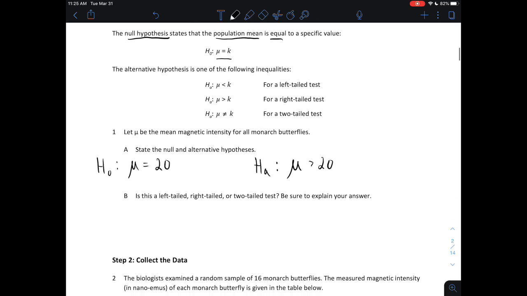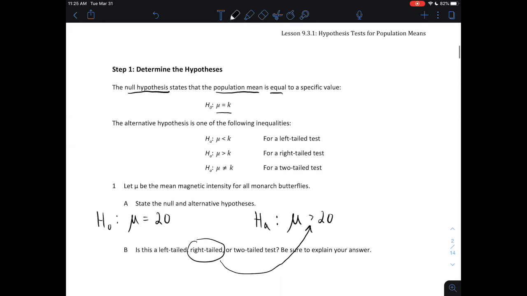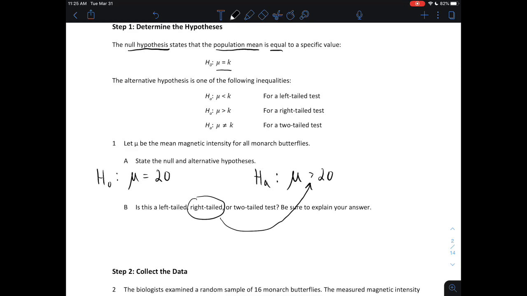And then part B, is this a left-tailed, right-tailed, or two-tailed test? It is right-tailed, and that is because we use the words greater than in the description, and we also use the greater than symbol in our alternative hypothesis.